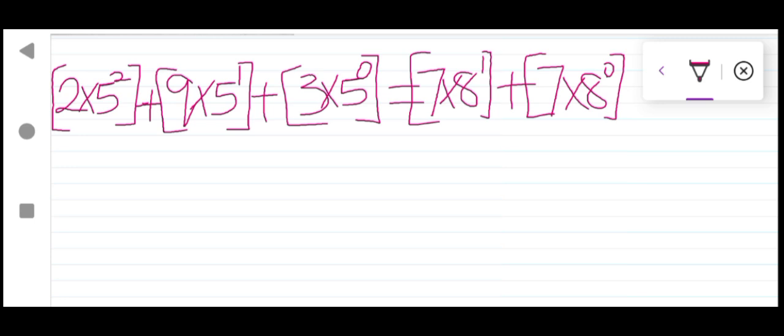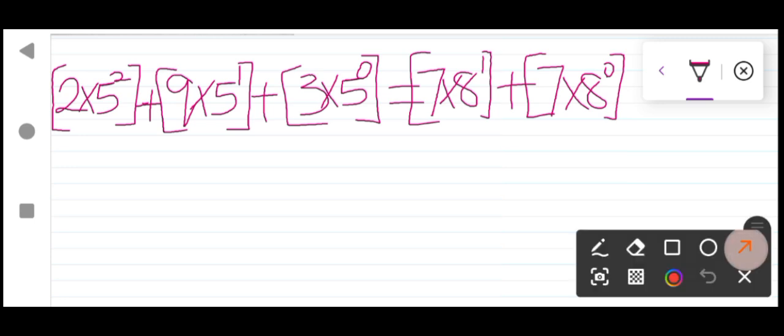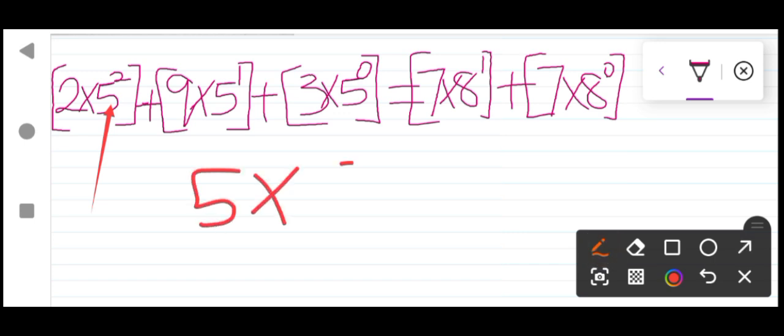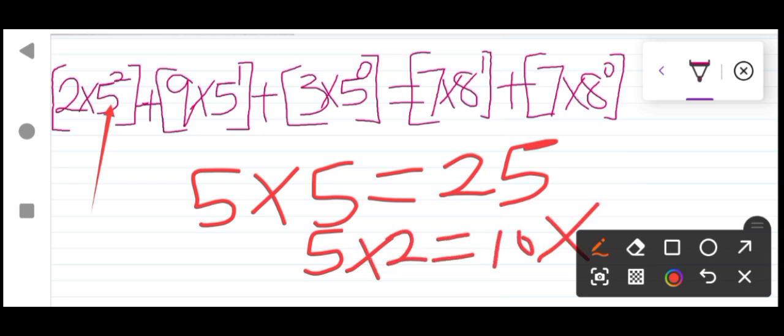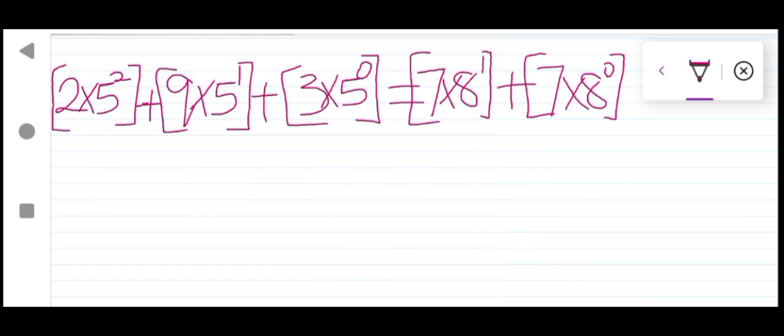Looking at this first expression, 5 power 2 simply means 5 times 5, which is 25. A lot of students mix it up and write 5 times 2, 10, which is very wrong. So now we know it is 25, and we simply write 2 times 25.